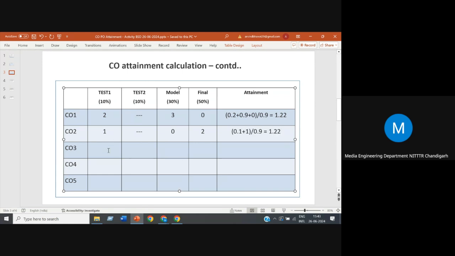Okay, what about this entry? First one dash, first one 2. Test 2, then 2, then 1, then 1, and 3. Others please check. Are you getting the same values?